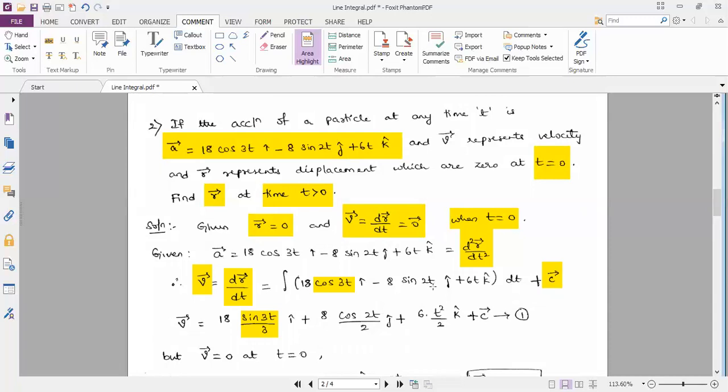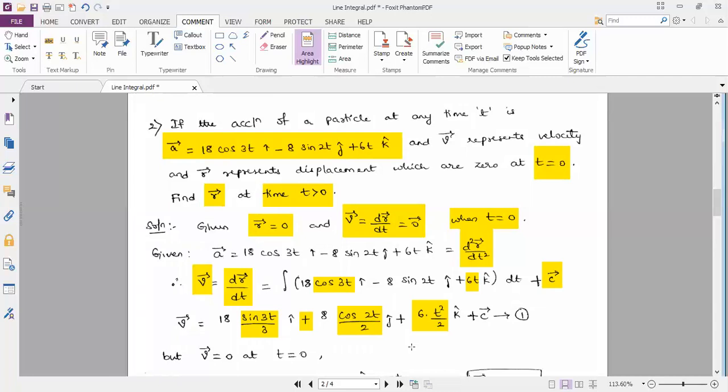Integration of minus sine 2t is minus of minus cos 2t by 2. So minus of minus becomes positive, plus cos 2t divided by 2. And the last term, integration of 6t is 6 into t square divided by 2, plus constant c.